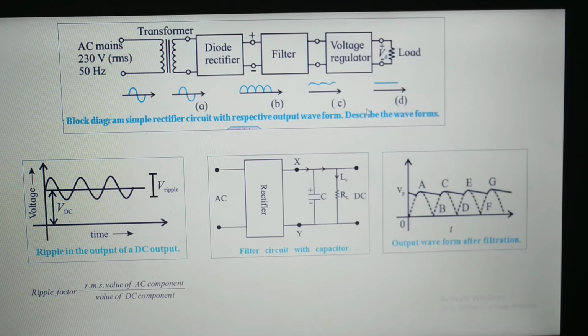There are different kinds of voltage regulators in the market, but the one most commonly used in our syllabus is the Zener diode. You might remember we have already discussed the Zener diode in the 11th standard. It works in the breakdown region, so it works in reverse bias.